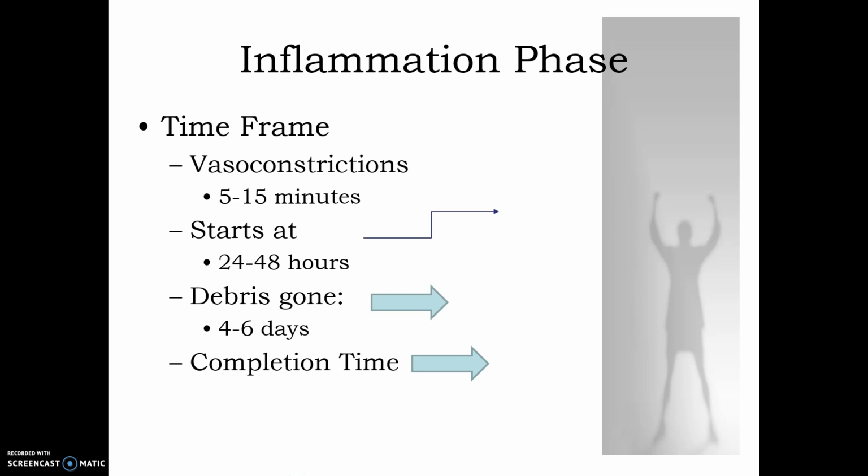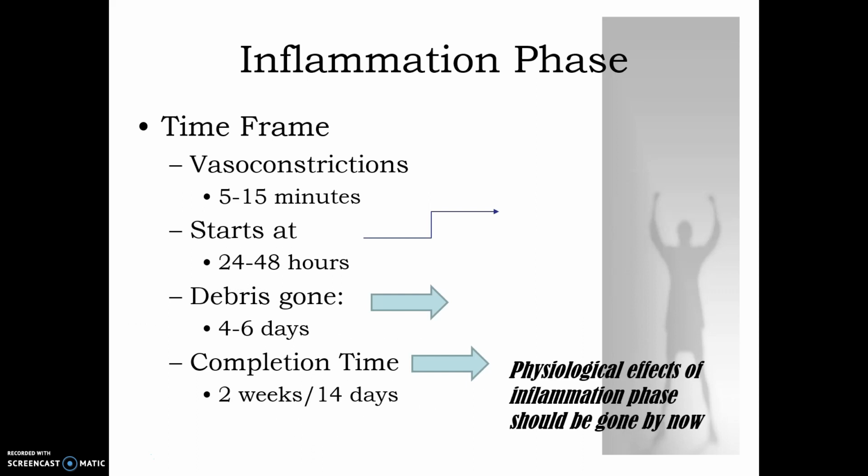And we would expect the debris to be gone within 4 to 6 days if someone is healing normally, and given all the other factors that we could see with relationship to this as being a healthy individual, a good nutrient rich body, close enough to the heart, getting good blood flow, all of that type of stuff. And hopefully we should see completion time of these physiological effects that we see with the signs and symptoms related to inflammation should be gone at the 2 to 4 week mark.